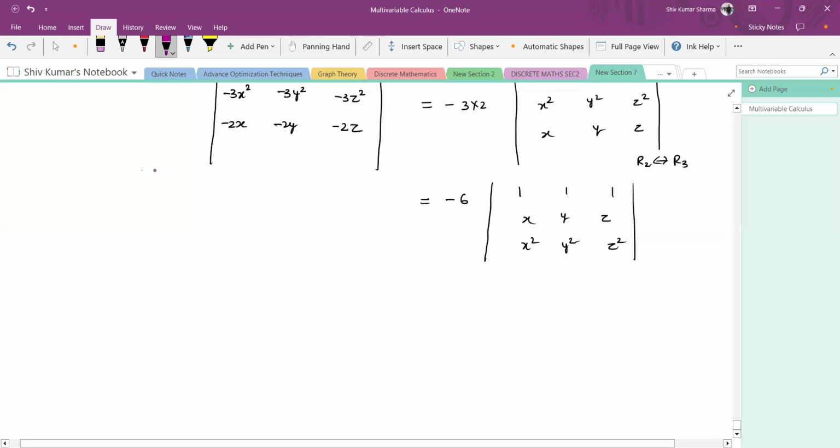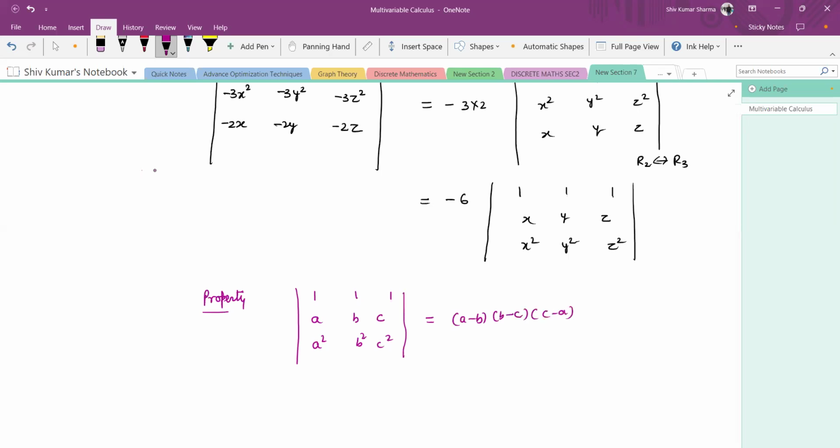Remember this property: if the determinant is in the form 1 1 1, a b c, a square, b square, and c square, then the value of the determinant is a minus b, b minus c, c minus a.